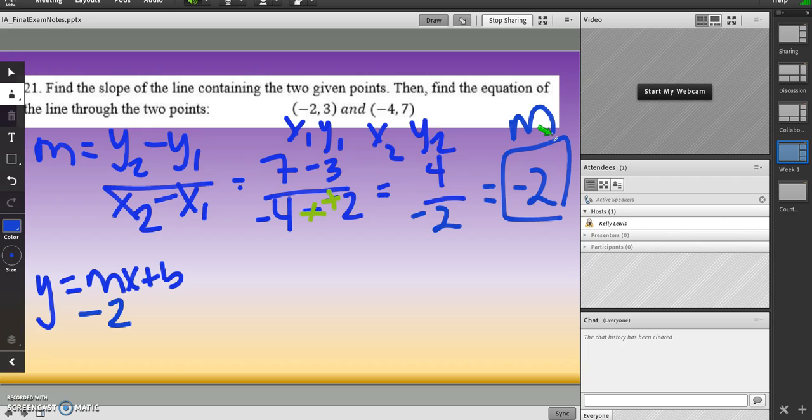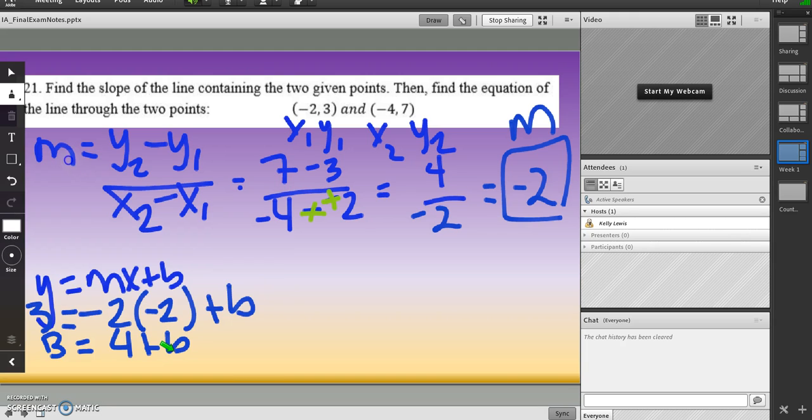I'm just going to pick the first one because it's first. So y is 3, m is negative 2, x is negative 2, and then we don't know b. So 3 equals negative 2 times negative 2, which is 4, plus b. And I need to subtract 4 on both sides.